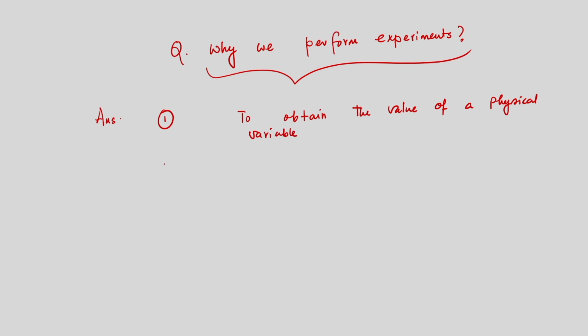So the first objective is to obtain the value of a physical variable. If you would like to obtain the value of a physical variable, then of course we need to go for experimentation. If I give you an example, say we are interested in measuring the pressure.